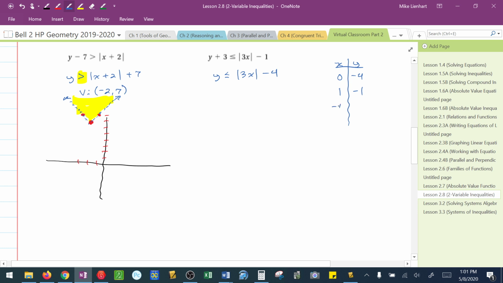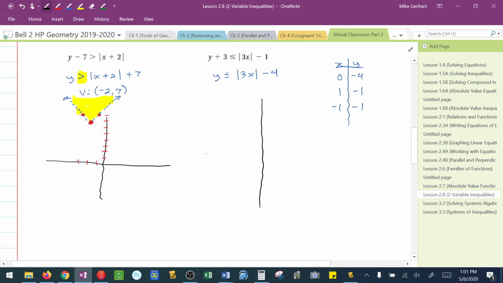Let's plug in negative 1. Absolute value of 3 times negative 1 would be the absolute value of negative 3. Absolute value of negative 3 is 3. 3 minus 4 is negative 1. Notice what happens. The y's are repeating as the x's were the same distance on either side. That's telling me 0, 4 is my vertex. Or sorry, 0, negative 4 is my vertex.